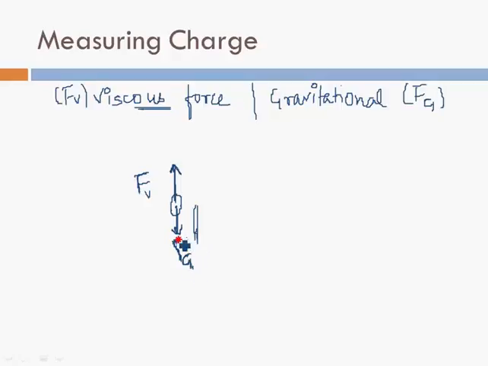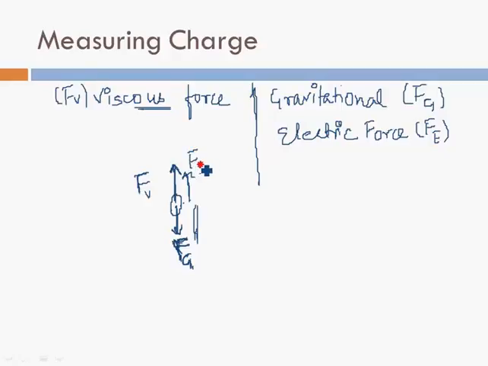Apart from that we have electric force acting on this charged droplet. Let's call it Fe. Now again, electric force also acts upward. And the net velocity of this charged droplet is going to be v downwards.